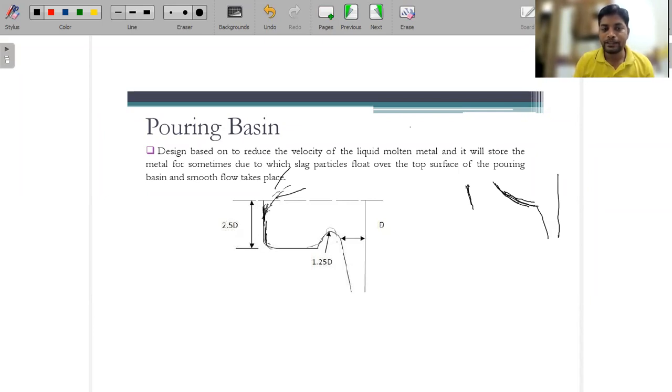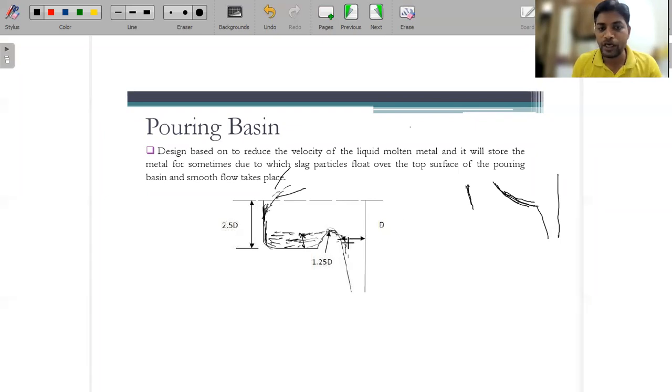Now as it is moving, it will start filling this area. When it fills up to this height, the material passes into the sprue. This tapered section is the sprue.